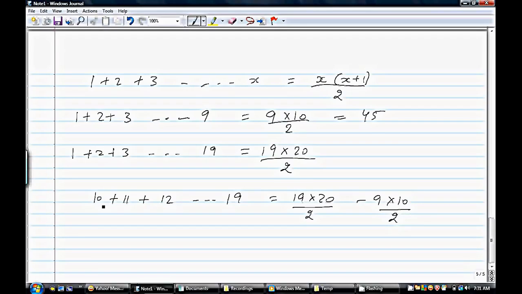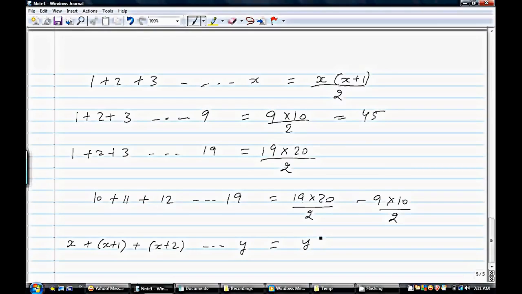So this can also become a general formula. For example, if I have x plus x plus 1 plus x plus 2 and it goes to y, then all I have to do is first add numbers from 1 to y.